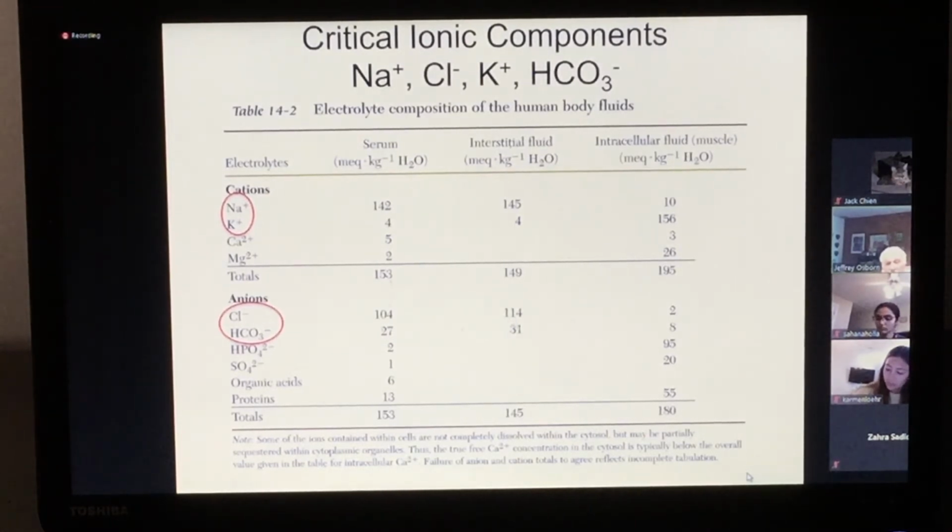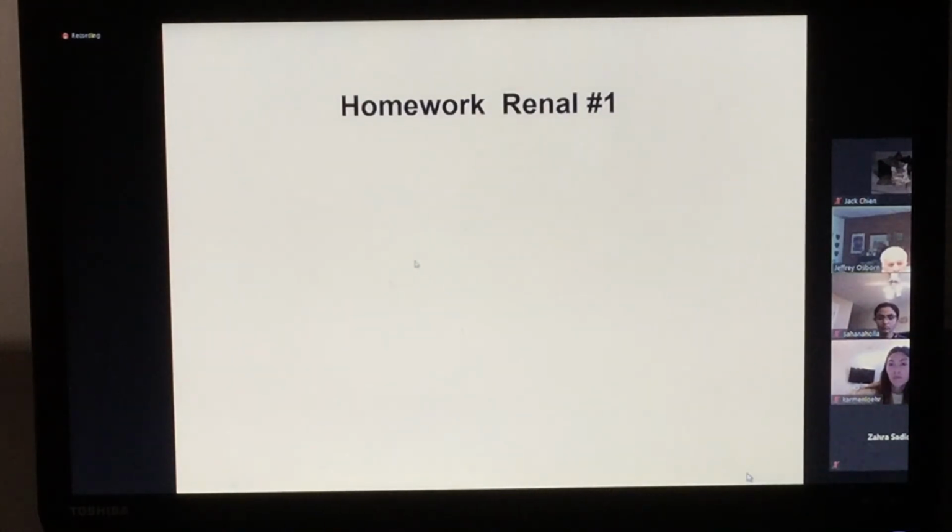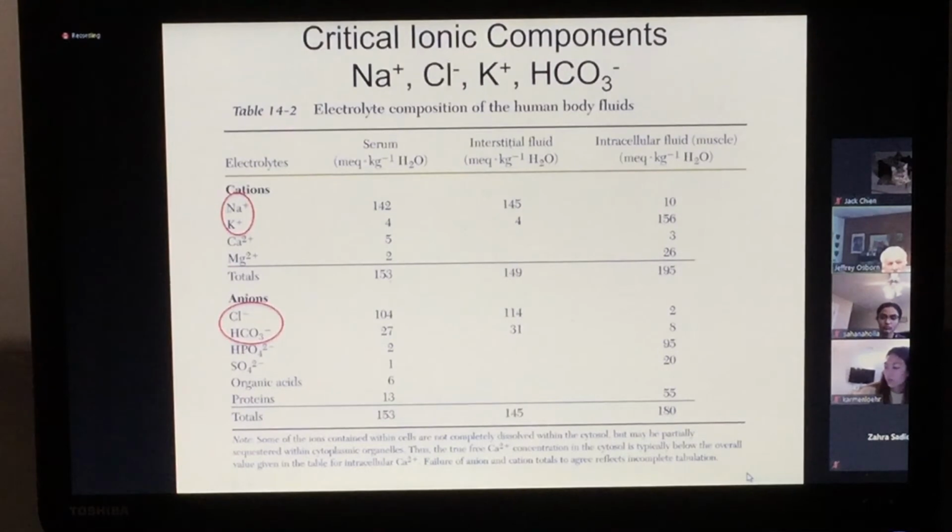Now we do have a gap. We have about a 10, 11, 12, 13 milliequivalent per liter gap in anions between chloride and bicarbonate and sodium, don't we? And we're going to talk about that anion gap when we get to acid-base balance after exam 2.